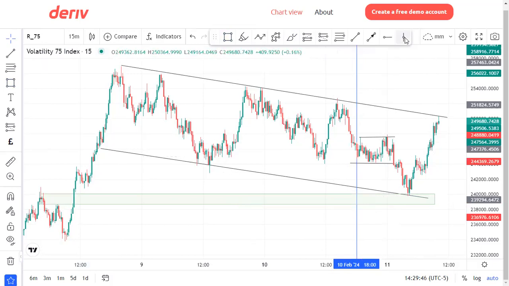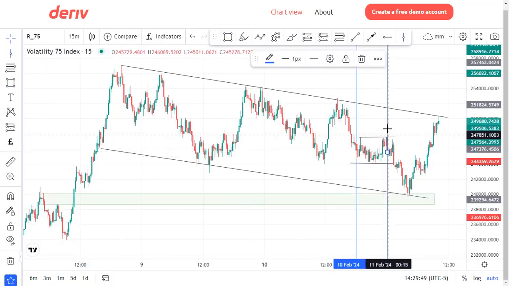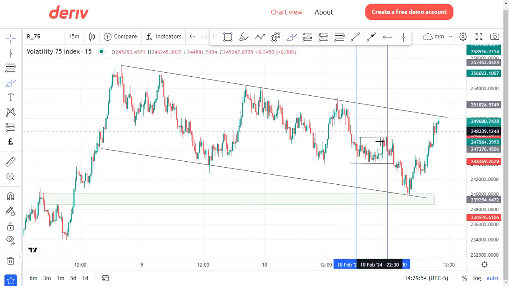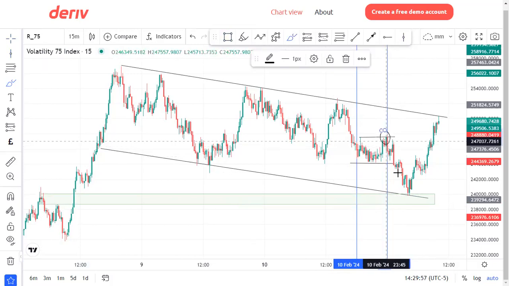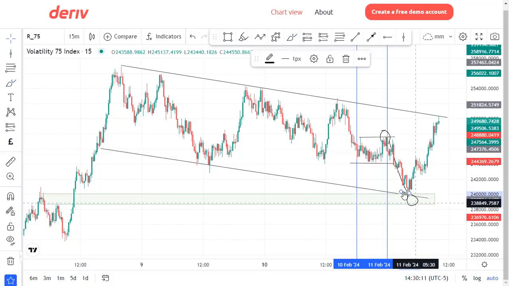When the market opened in the morning, it took liquidity to the top, took liquidity here at the top, and it came down to this order block. Then I was waiting for this market to react with this.